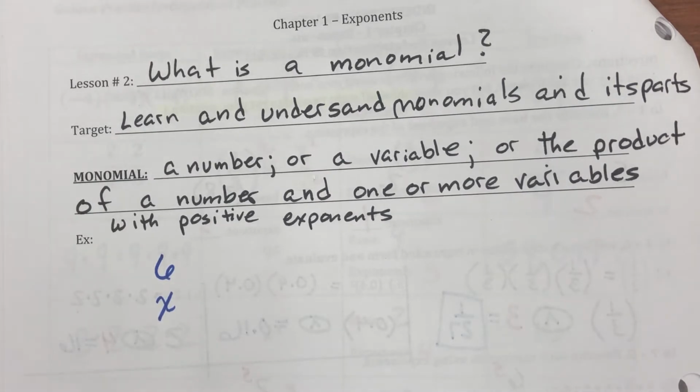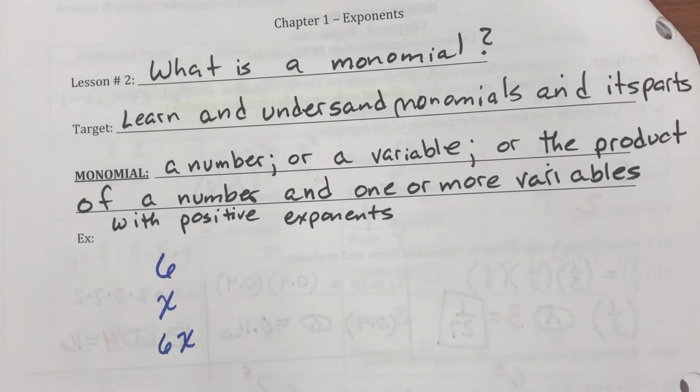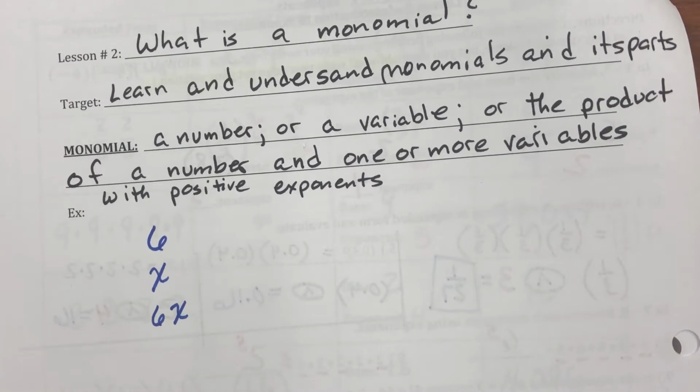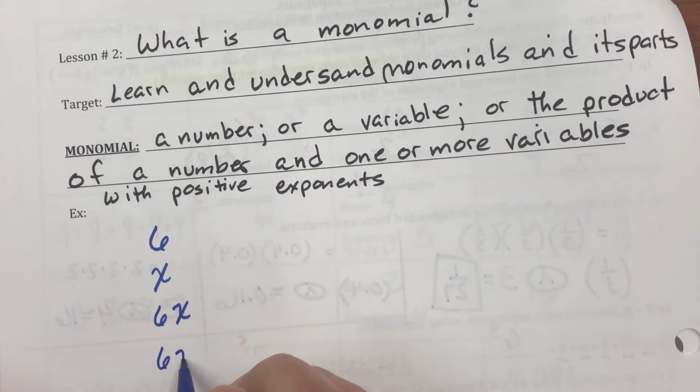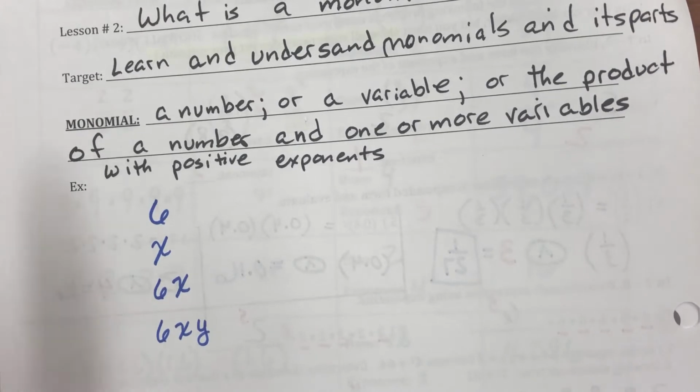And the product of a number and a variable. So 6x. And any number and a variable, 5,280 and xyz. I can have more than one variable. I could have 6x and 6xy. All of those are examples of monomials.